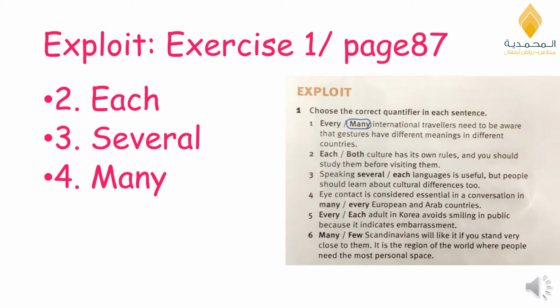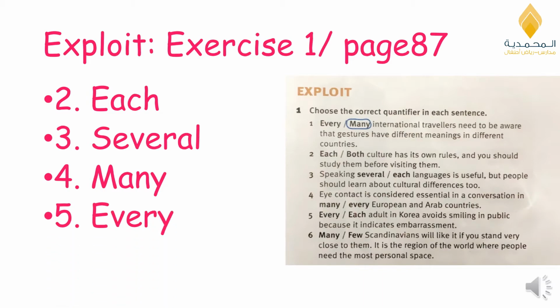"Every or each adult in Korea avoids smiling in public because it indicates embarrassment." So here I have to use the quantifier every. Why? Because I'm talking about adults in Korea as a group. I'm not talking about one by one individually.